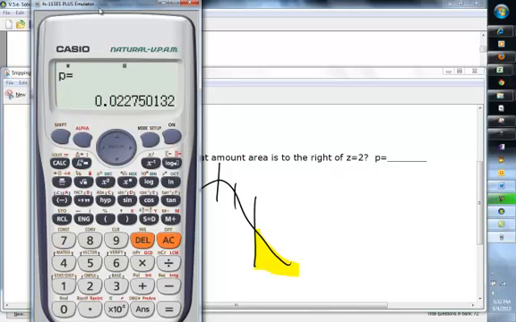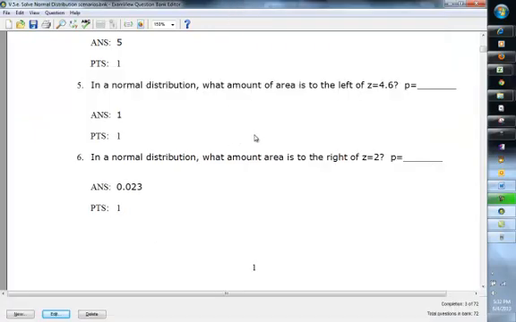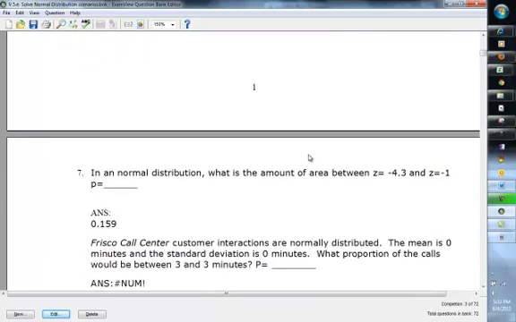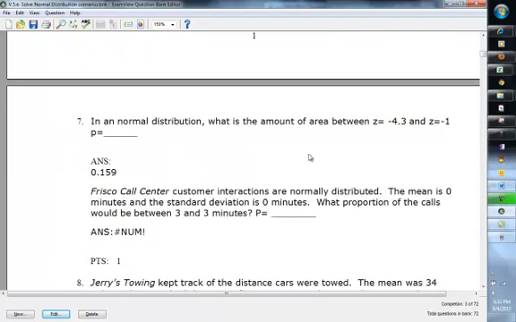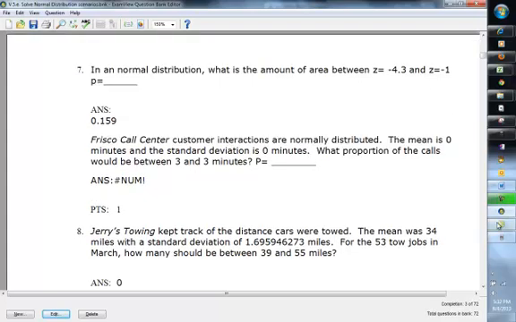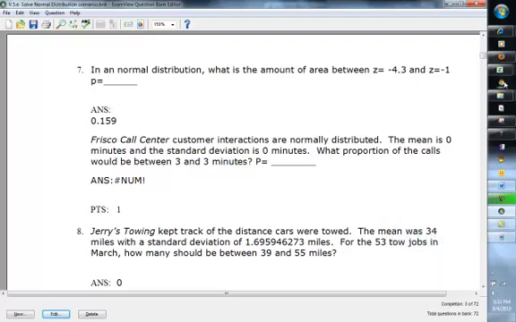And so we get about 0.023 is our area to the right of that. We've got an area between 2 things. We did that already. I guess that would be how you solve these problems. So this is lesson 5.5.